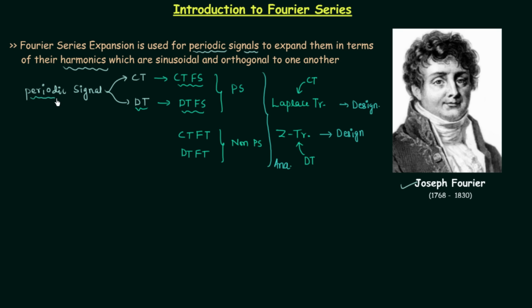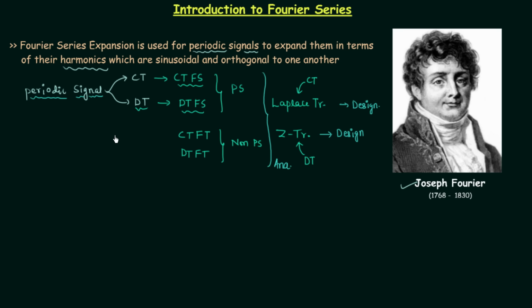We have already completed periodic signals. If you have not seen the lectures on periodic signals, you may watch the lectures by following the playlist. There I have explained every important point related to periodic signals. We have also solved various numerical problems based on periodic signals, but for the explanation purpose, I will quickly explain what do we mean by periodic signals. Periodic signals are those signals in which there is repetition of a particular structure from -infinity to infinity.